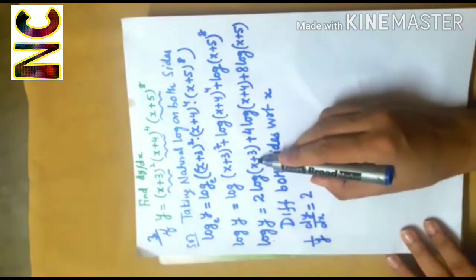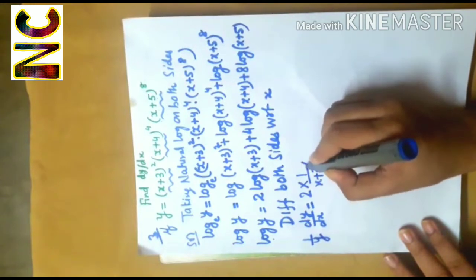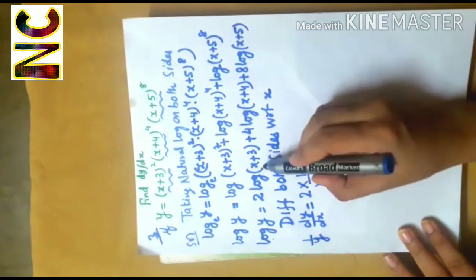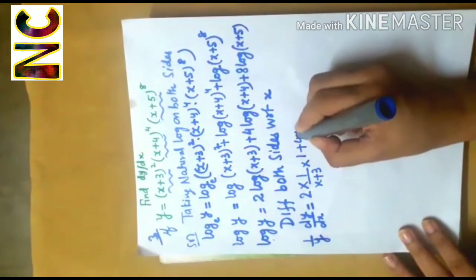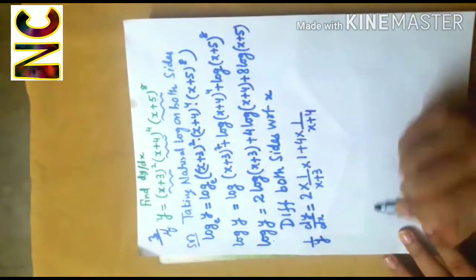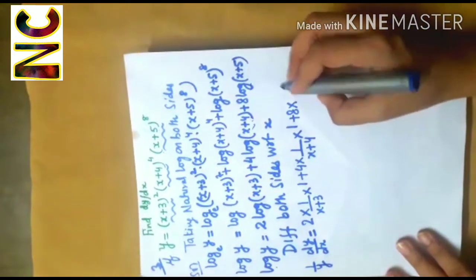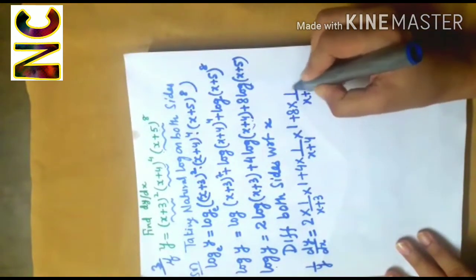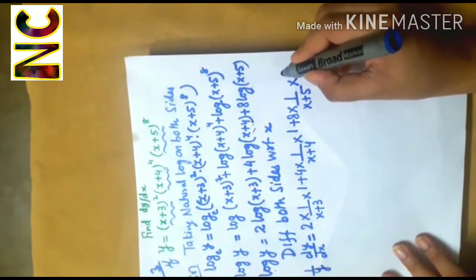Now log of x plus 3, so its derivative will be 1 over x plus 3 into derivative of x plus 3, which is 1, plus 4 into derivative of log x plus 4, which is 1 over x plus 4 into derivative of inside function, which is 1, plus 8 into derivative of log x plus 5, which is 1 over x plus 5 into derivative of x plus 5, which is 1.